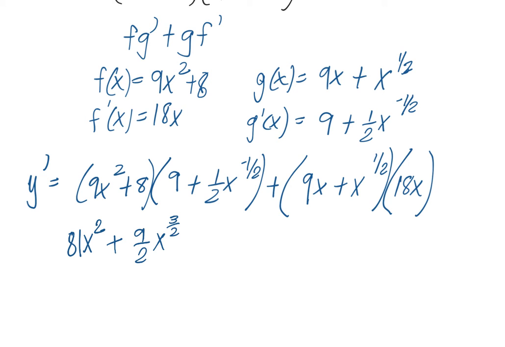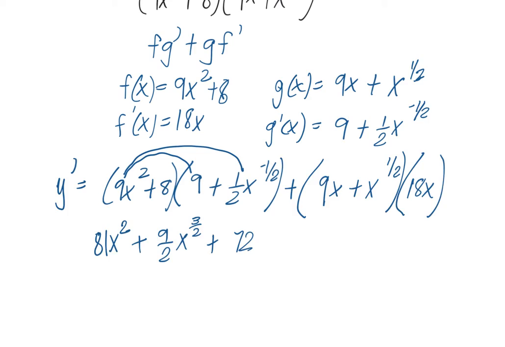Okay, now I'm distributing 8 to 9, and I'm losing my mind. 72? No, 8 times 9 is 72. Oh, why is here 3/2? So what I did was 9x squared times 9, and then 9 times 1/2, 9/2.